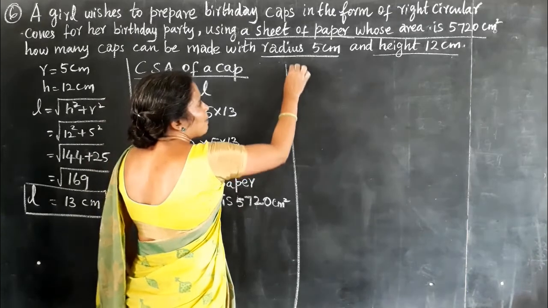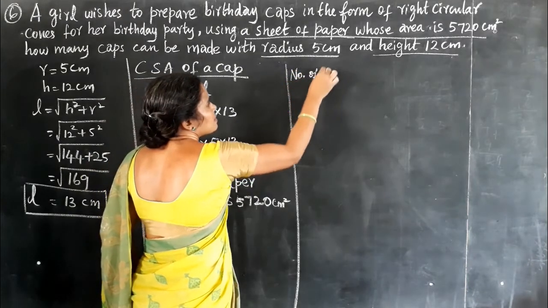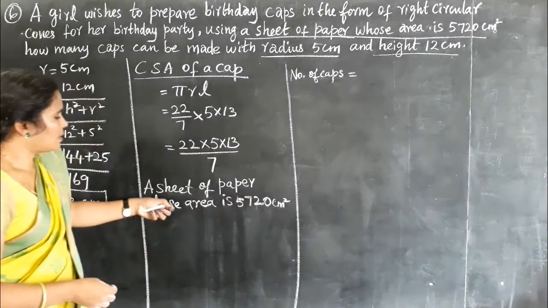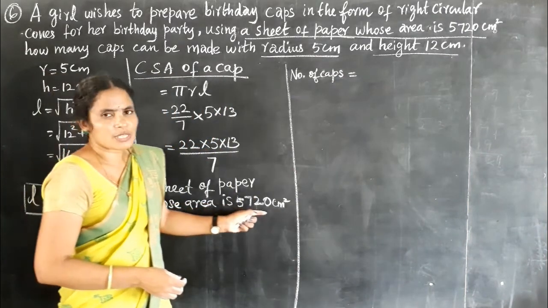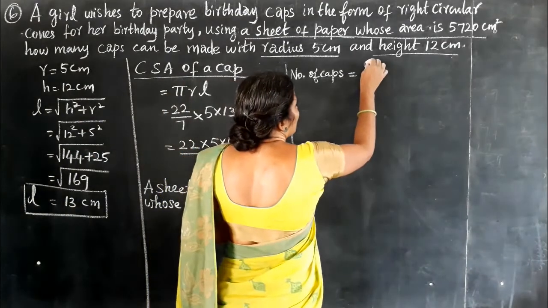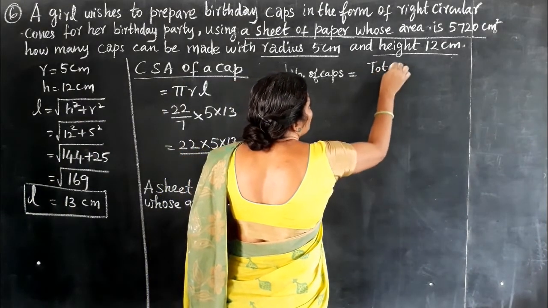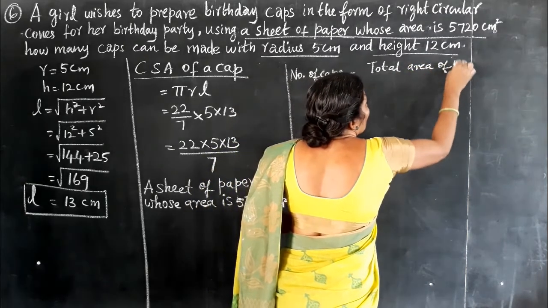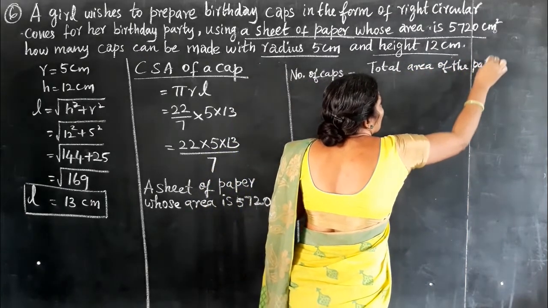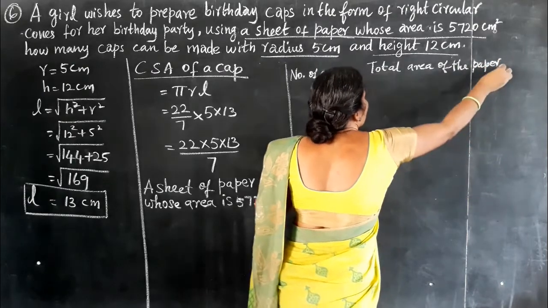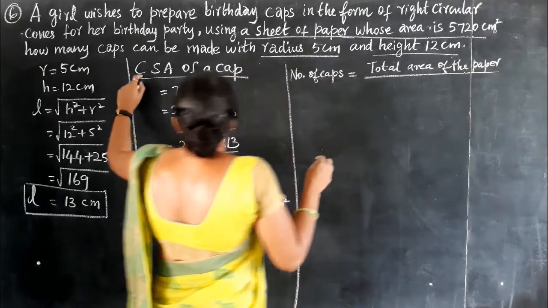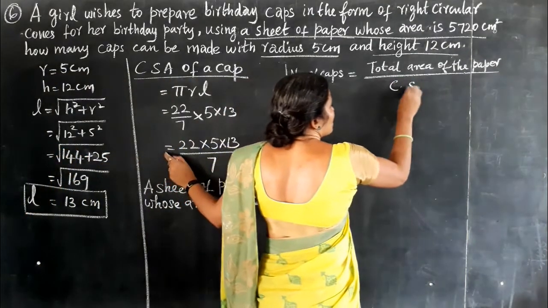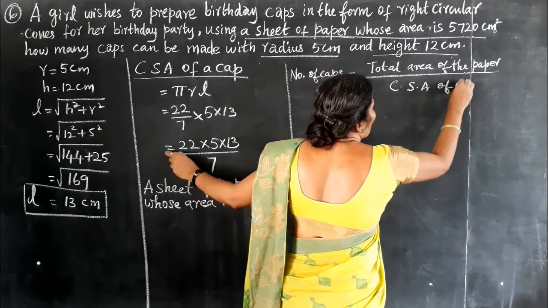To find the number of caps that can be prepared using the sheet of paper with area 5720, it is the total area of the sheet of paper divided by the CSA of the cap to prepare one cap, so CSA of one cap.